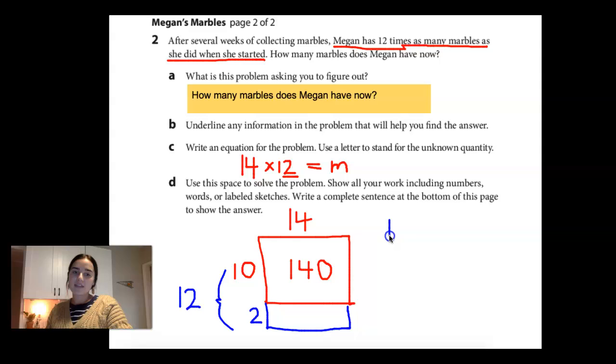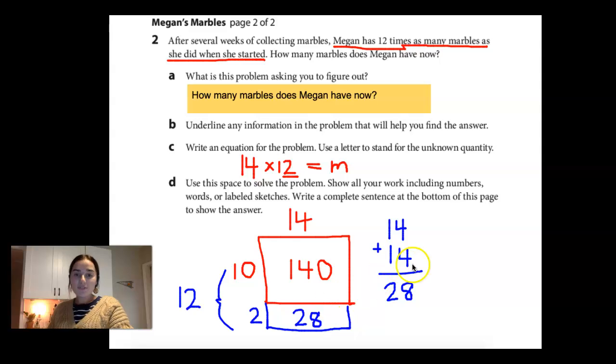A way you could set that up is like this. 14 times 2 is the same thing as 14 plus 14. I'll give you a second to figure it out on your own. You should have gotten 28. So we know the area for this section is 28.